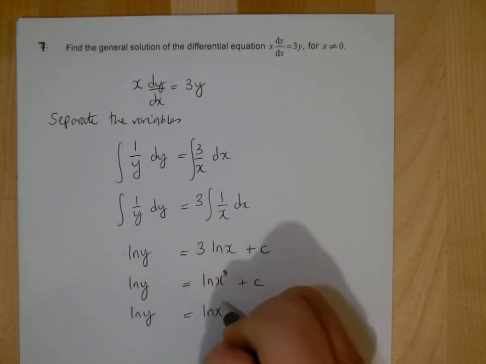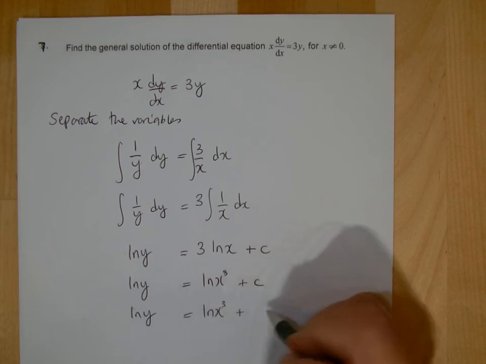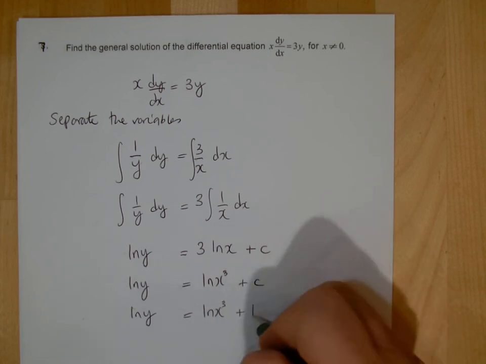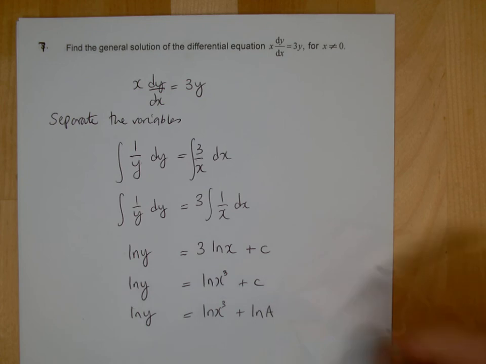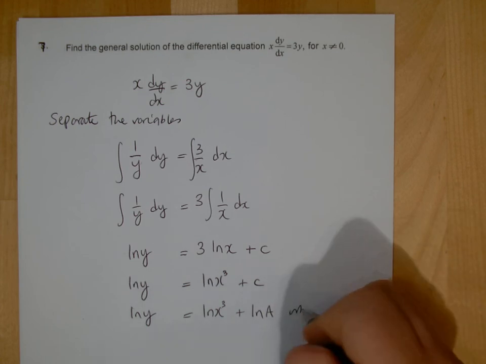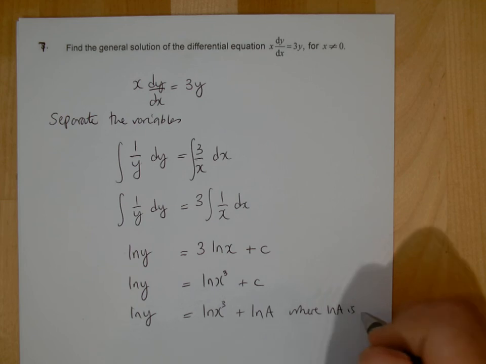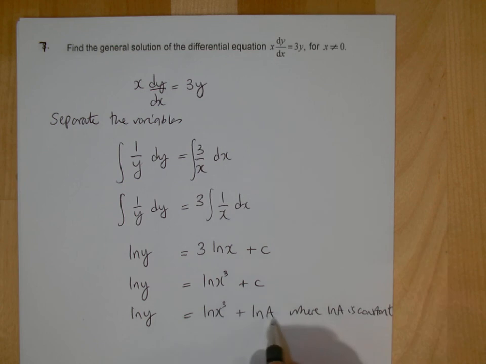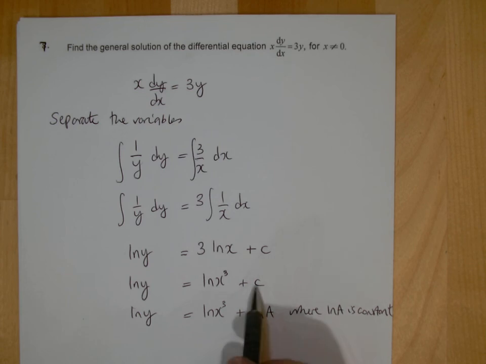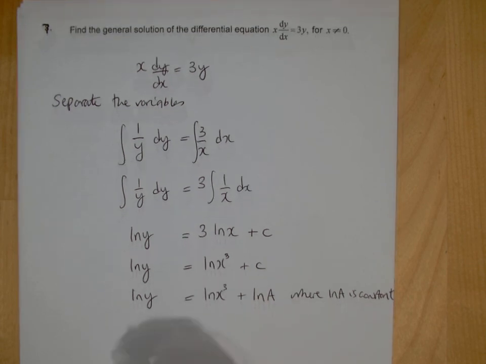I can call the constant something else. For instance, I can call c, the constant, to be ln of, say, a, so long as I state ln a is a constant. So a isn't a variable, it's a fixed number, and this ln of a will just represent my constant c.